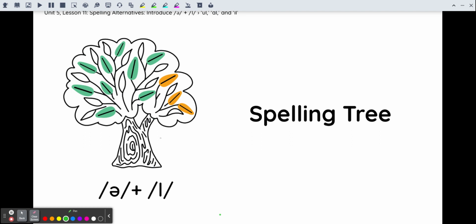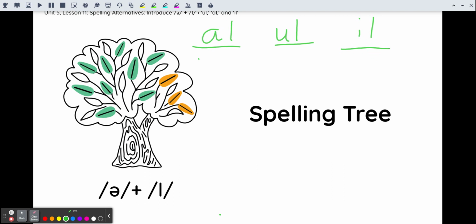So remember the new branches, we will have AL, UL, and IL, representing the UL sound. All right, let's go over some of those words that we can put on our tree.